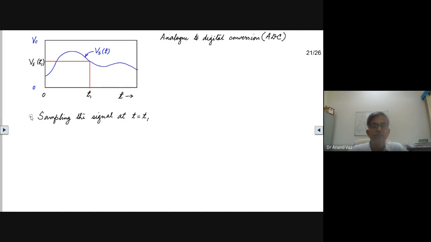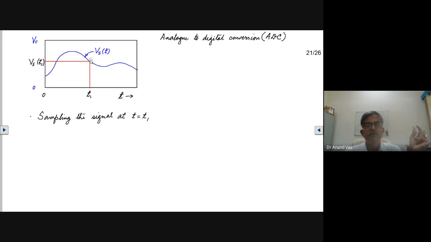What do we do in this sampling? There is a process, and we can use an op-amp circuit also to do this sampling. Now, even if we do the sampling, we have to capture this signal at this point of time. But then the process of analog to digital conversion, depending upon the technique that is used for it, takes some time.